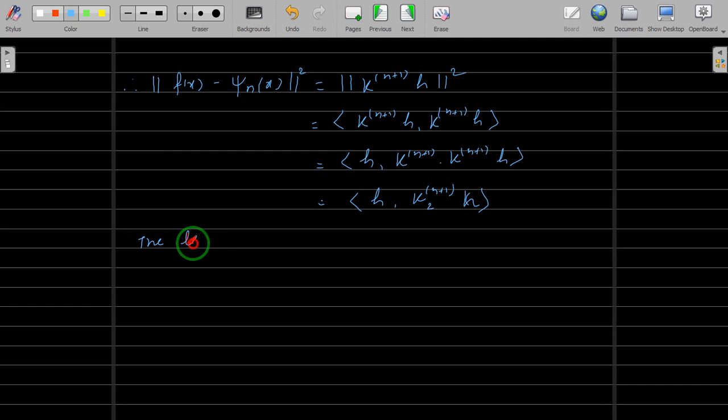The least eigenvalue of the kernel k_{n+1}, when you enumerate it, we have found when you expanded the kernel as a series, and there we mentioned that we will arrange them in the ascending order of lambda n, and so on. So from there we can write that the smallest one is lambda n plus 1, the whole square.